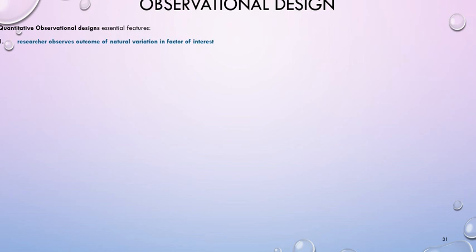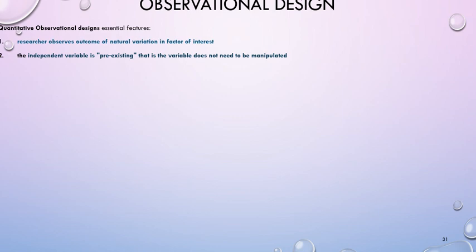So this is the kind of quantitative observational design we are discussing. In these cases, the independent variable is pre-existing, so we don't need to manipulate it. What's the independent variable in the scenario I described earlier? Is it the hours of playing games or the gender? We're going to discuss this in class.